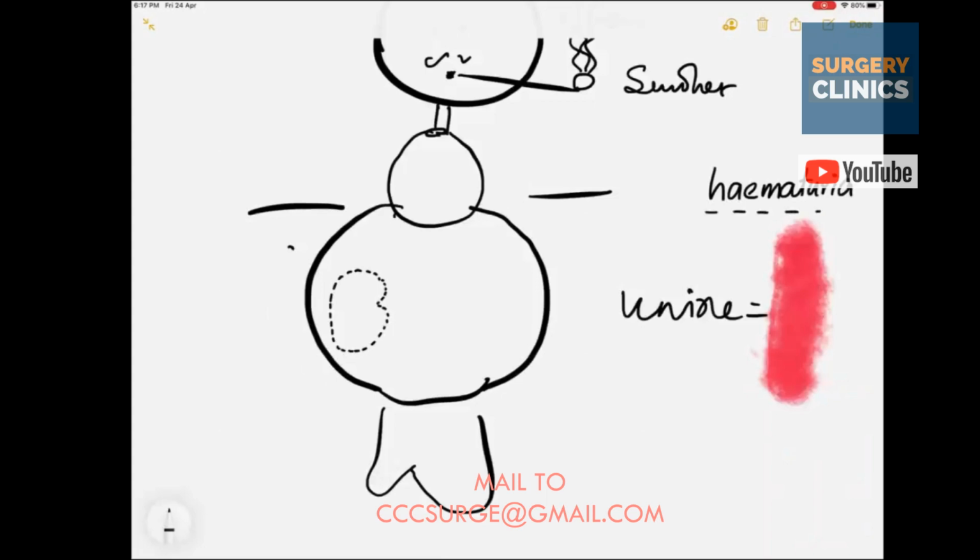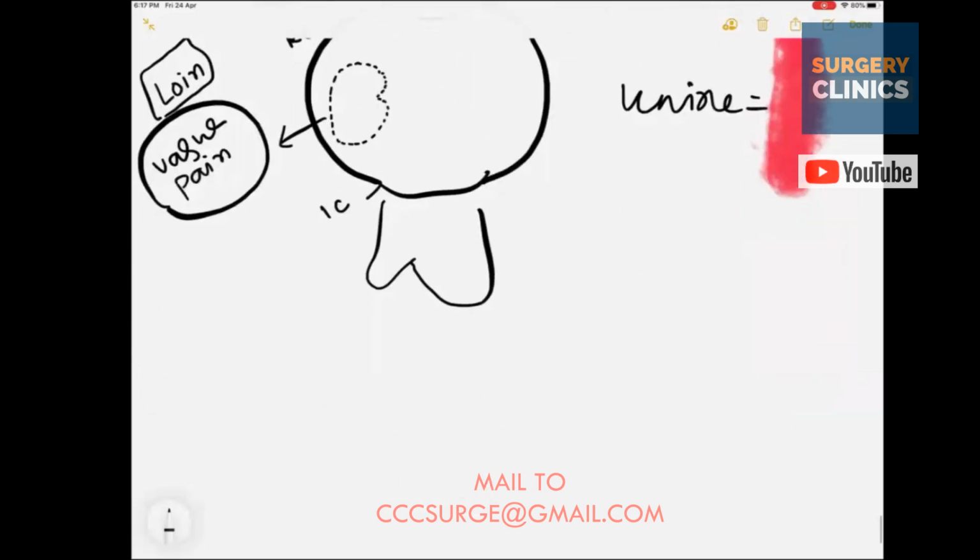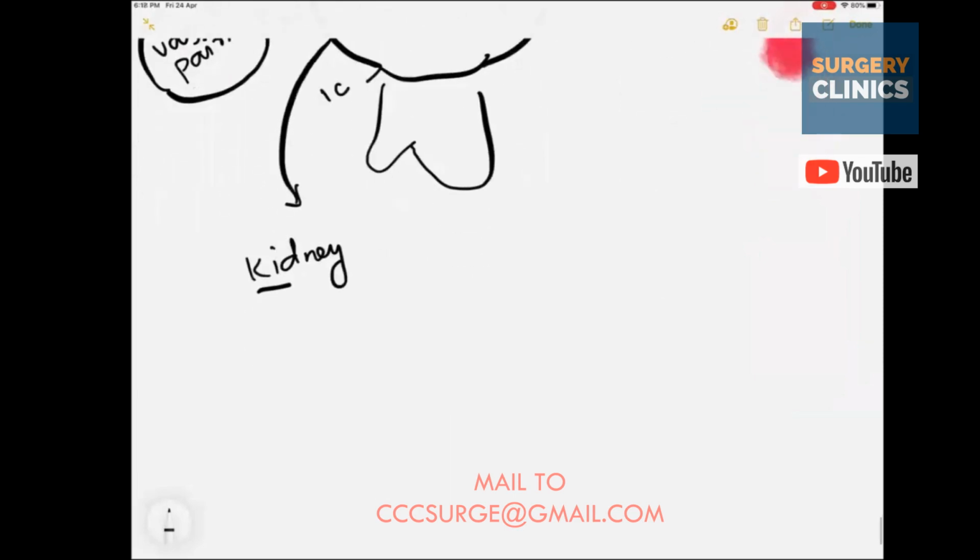Now he said, doc, I have a vague pain in the loin, or technically the area between the rib cage and the iliac crest. And when you palpate it, you find that the kidney is palpable, not only palpable, it looks big.